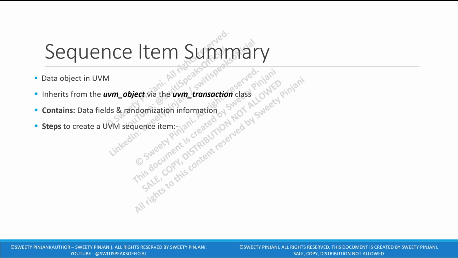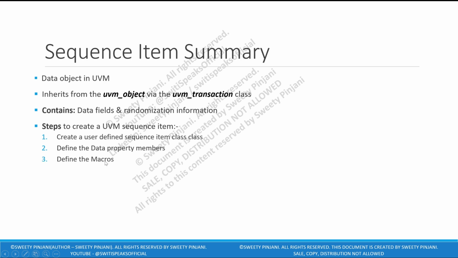Then what are the steps to create your UVM sequence item? 5 main steps. First one was create a user defined sequence item class which will extend from UVM sequence item class. Then you have to define the data property members, which can be control information, data, which is the payload, then analysis information, your configuration information.